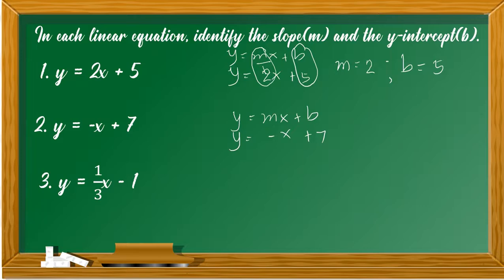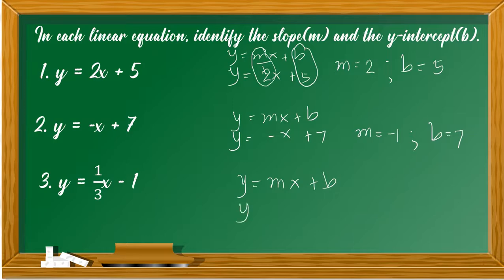When the coefficient is 1 or negative 1, you simply write the variable x with a sign, whether positive or negative. And then we write m equals negative 1. What about our y-intercept? Very good. b equals 7. And finally, again, we write y equals mx plus b.